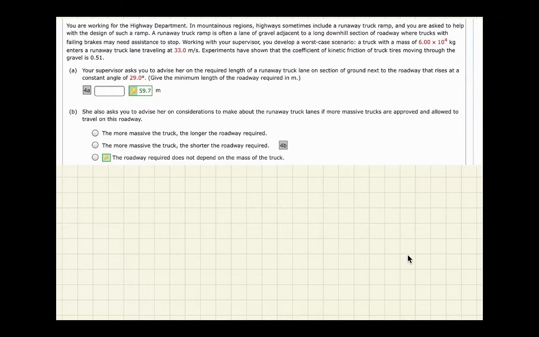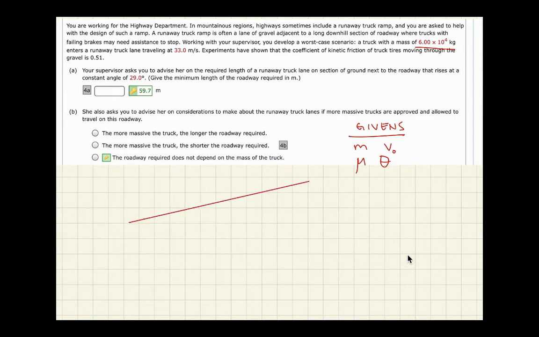So we have the mass of the truck given, and we know the initial velocity of the truck is given as well. And we're given the coefficient of kinetic friction as well. So here, in this case, there's one additional confounding factor, which is that the truck is exiting at an angle.